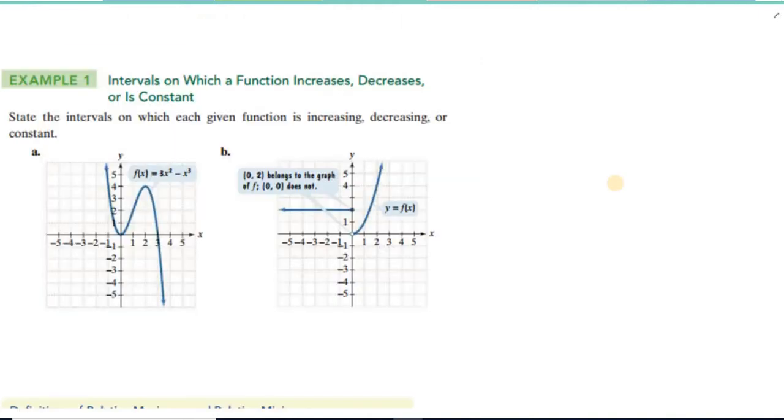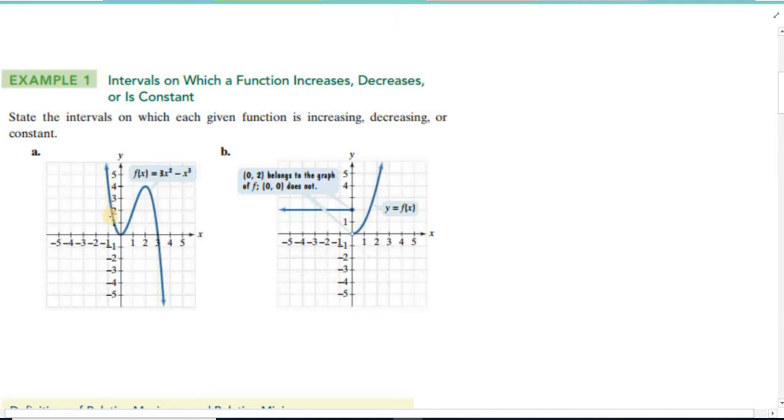So we have example 1, intervals on which a function increases, decreases, or is constant, okay? So read the question carefully. State the interval on which each given function is increasing, decreasing, or constant. So if we look at this graph, let's look from the left to the right.